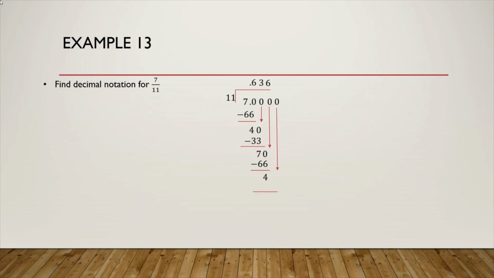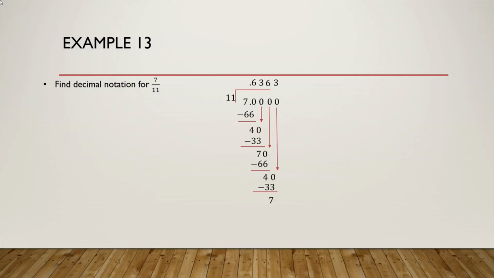Bring down 0. Does 11 go into 40? Yes, 3 times, 33. I don't think I mentioned this before, but it's Price Is Right rules when you're doing long division: as close as possible, but without going over. So 40 minus 33 is 7.